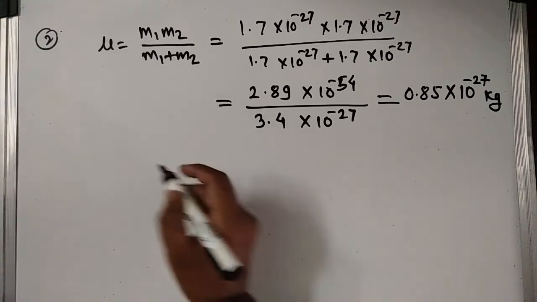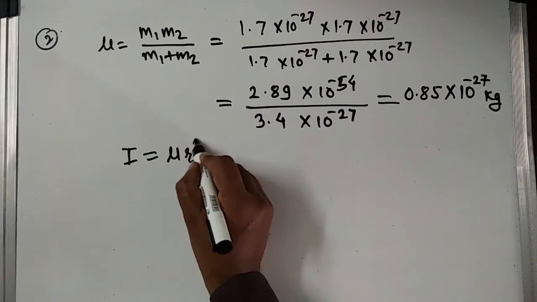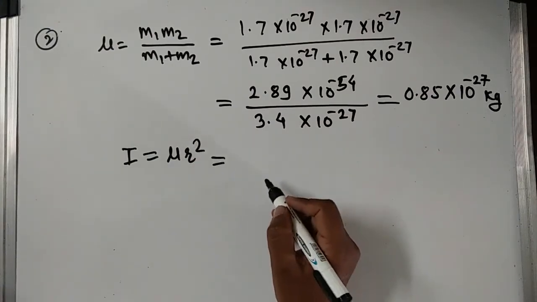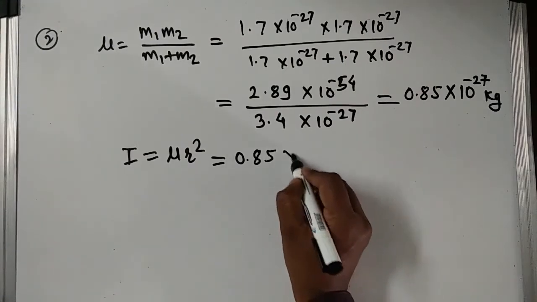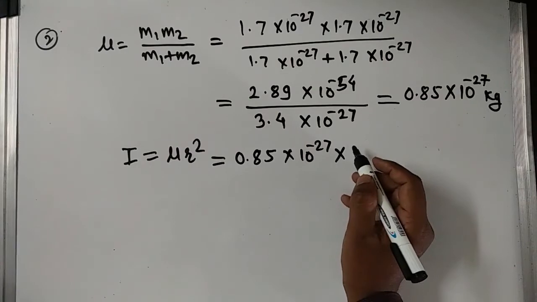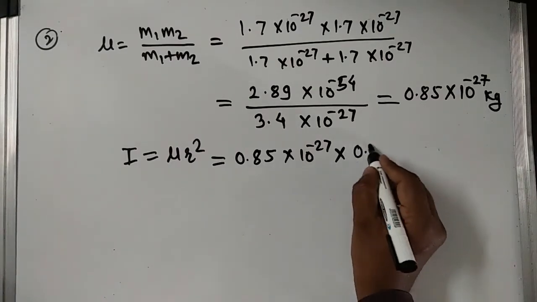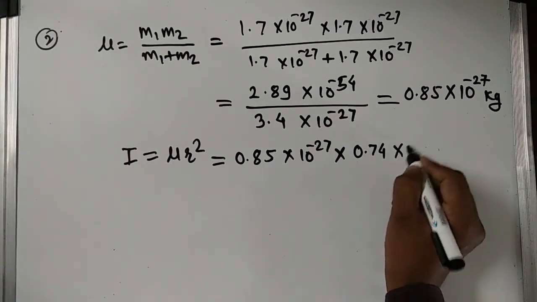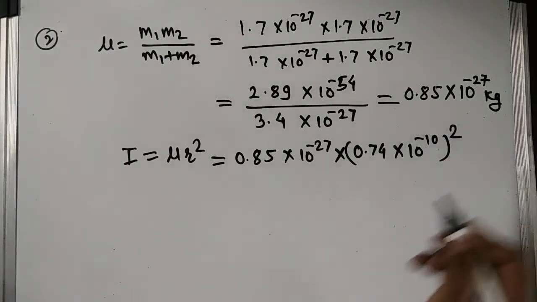Now we have to calculate the moment of inertia, which is given by mu into r square. So r is given and mu we have calculated, so it is 0.85 into 10 raised to minus 27 into r, and the value of r is 0.74 into 10 raised to minus 10, bracket square.